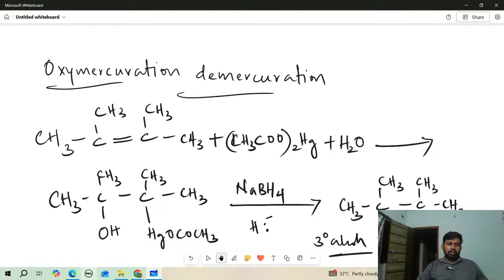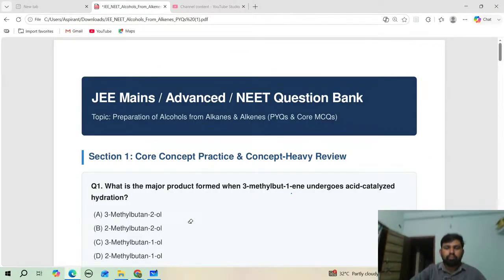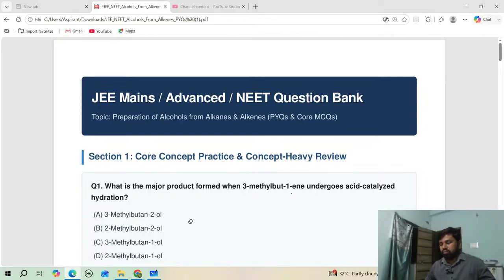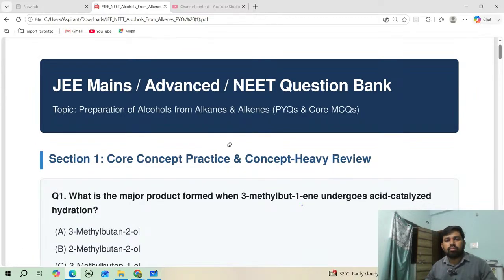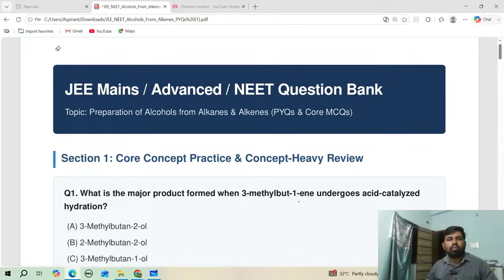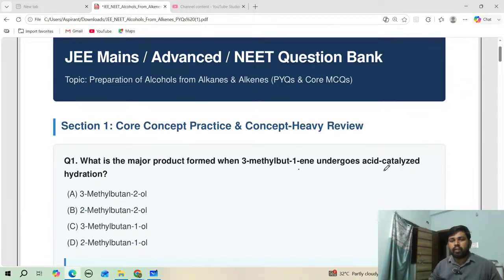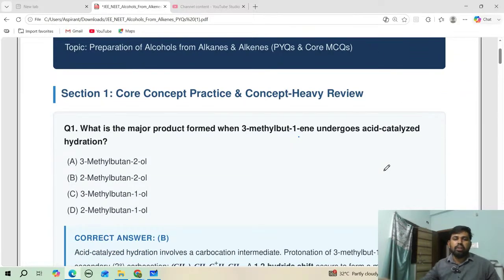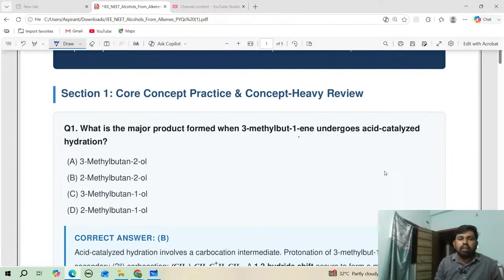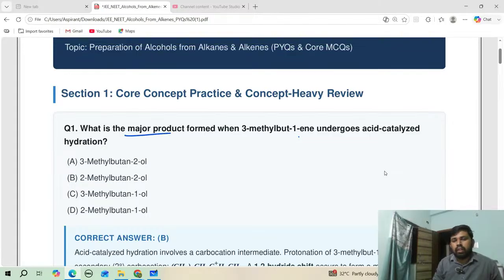Now let us discuss some questions. Now see here in this case, you see the major product formed when 3-methyl but-1-ene undergoes acid catalysis.